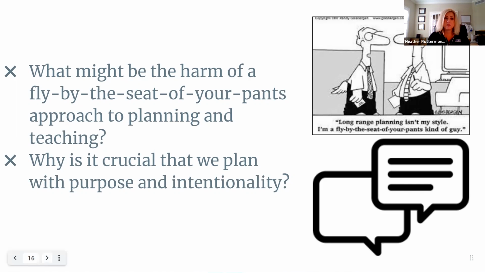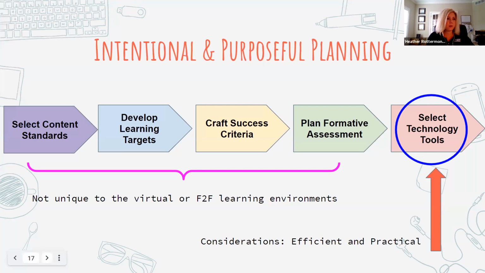Excellent. So when we think about our digital tools, sometimes we see that the digital tool is selected first in the planning. And this is something that might cause a bit of a hiccup in your data collection or your evidence collecting, because it might not be the best tool suited for what you're trying to gather.